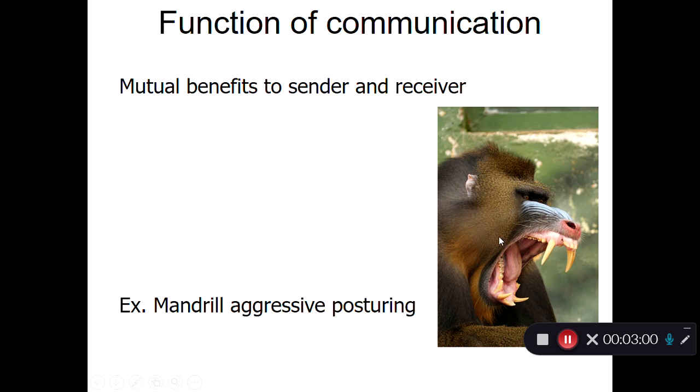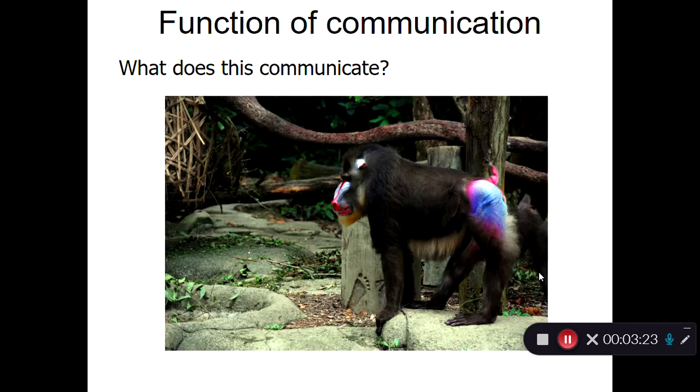And so he benefits by keeping his resources. The receiver of this information, like, oh gosh, I better stay back, also gets a benefit because they potentially don't get injured. So there's a benefit to both the sender and the receiver for these kinds of things. They're both advantageous, both adaptive, to be able to read this kind of signal.